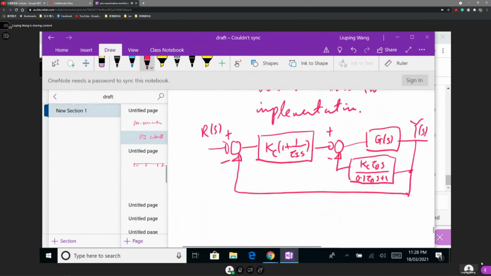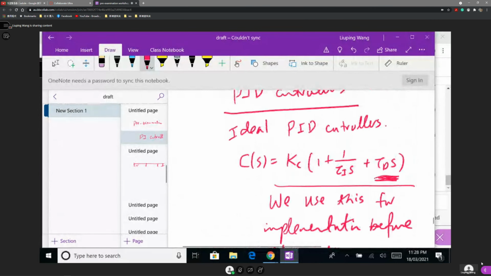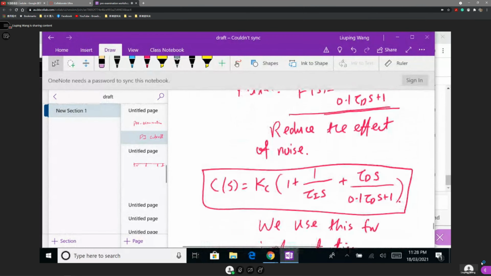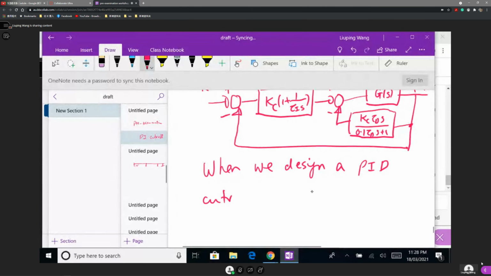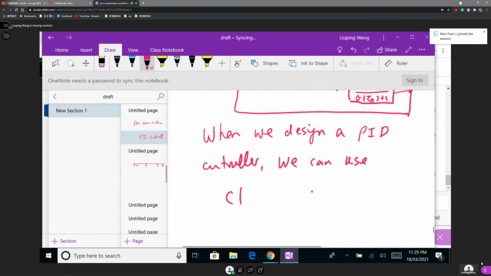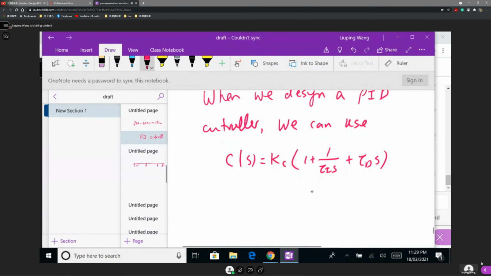Okay, so when we design the system, we can use this form. Right, like this. So basically what can I write it into?